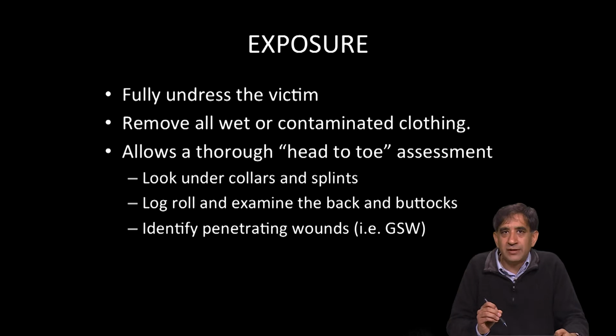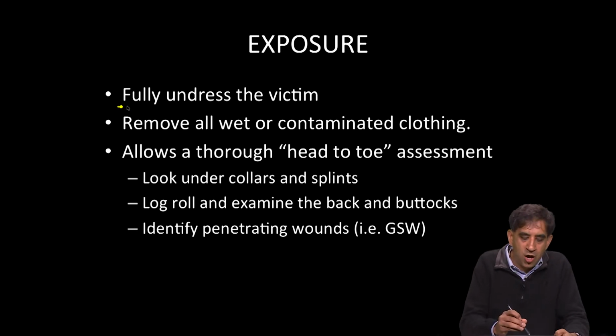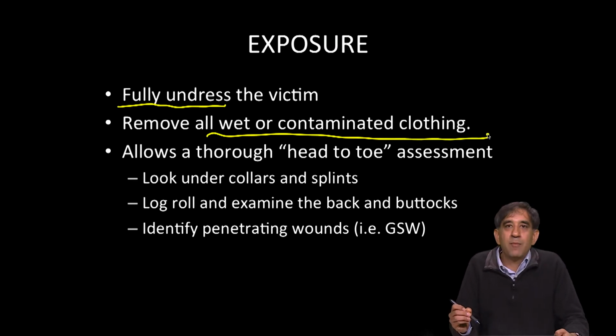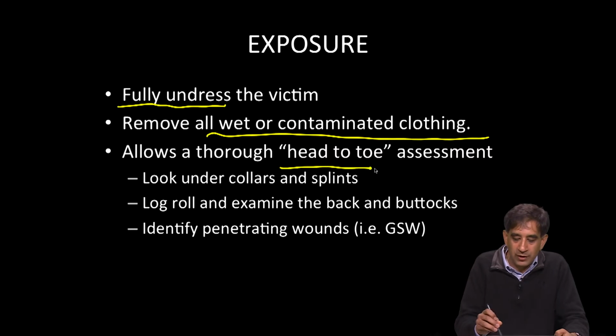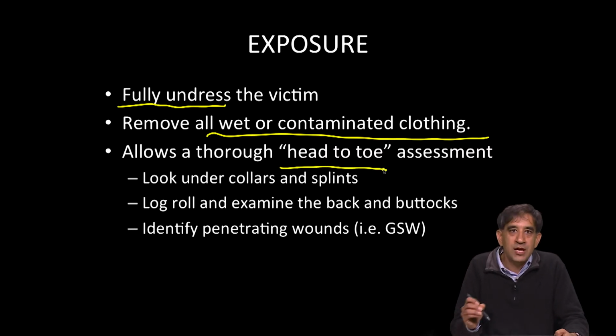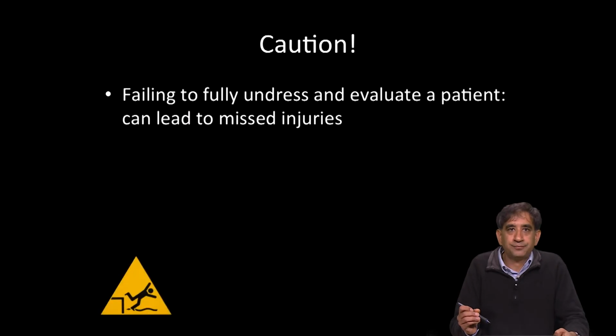And then after doing the disability exam, we want to expose the patient, fully undress them, remove any wet or contaminated clothing. Remember, wet clothing can lead to hypothermia, so you want to get it off. And by exposing the patient, it's going to allow you the opportunity to do a complete or head-to-toe assessment of the patient. You want to make sure that you look under collars and splints, that you log roll the patient, examine their back and buttocks, and look for any penetrating injuries, which can be very subtle, such as gunshot wounds or stab wounds.